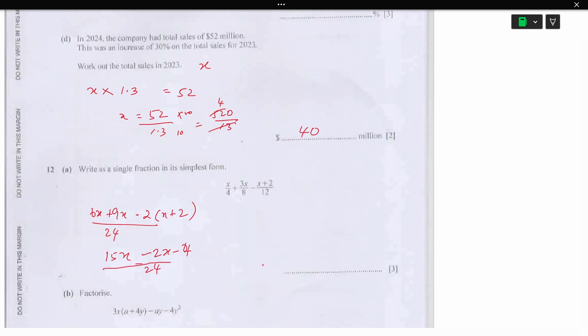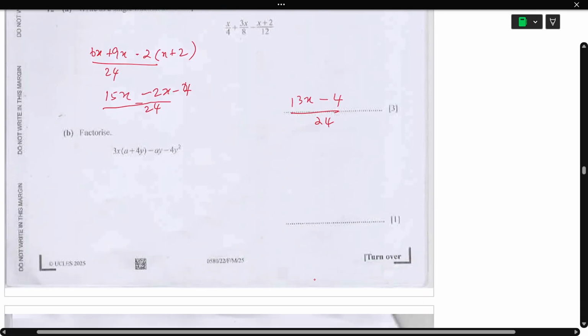So 15 minus 2x, which is 13x minus 4 over 24. Okay, next one, factorize.